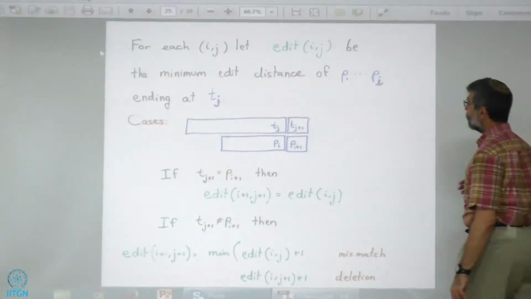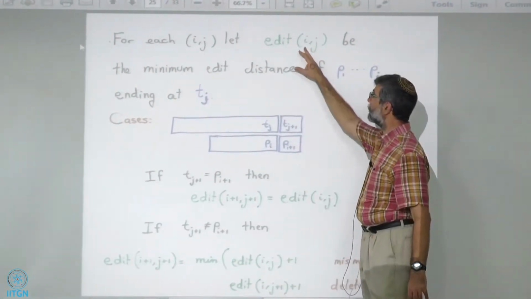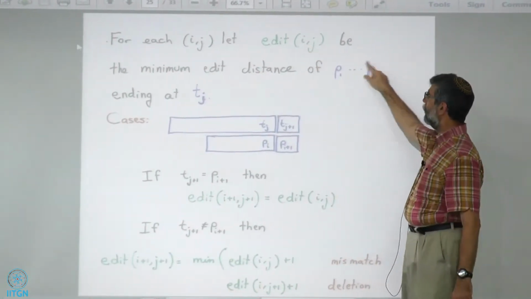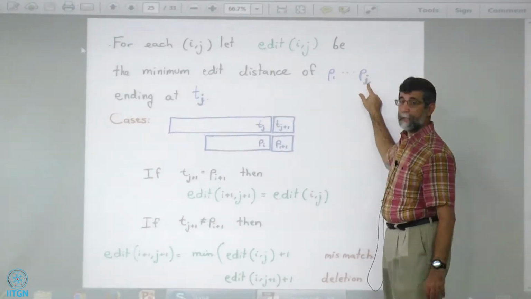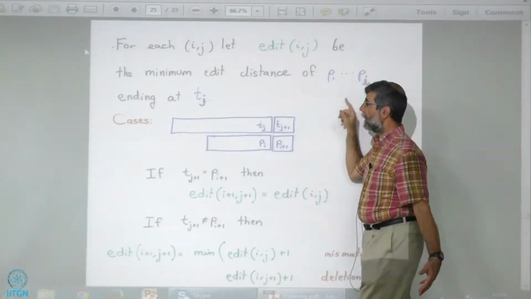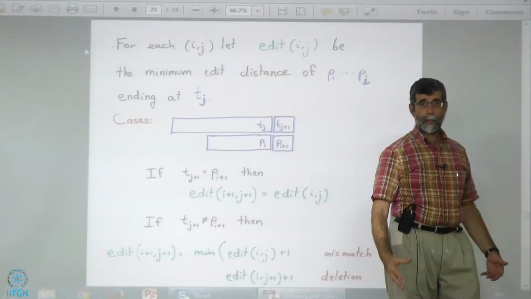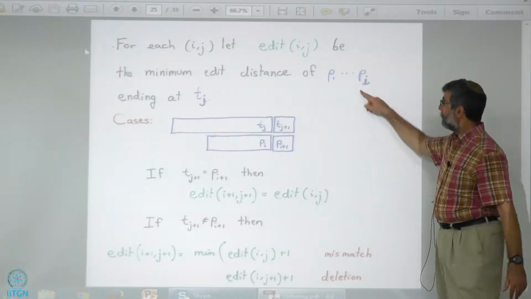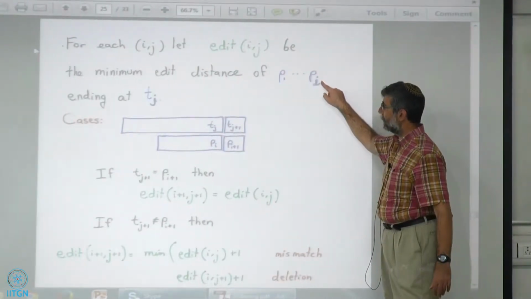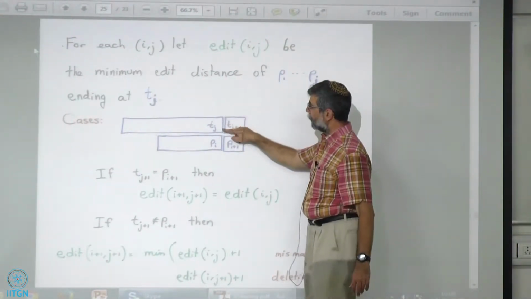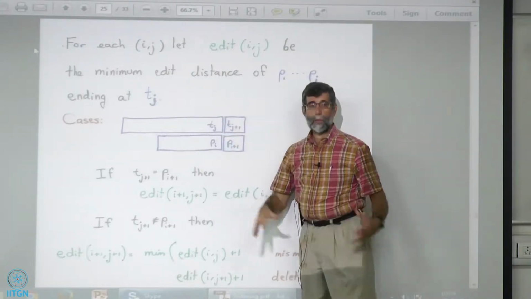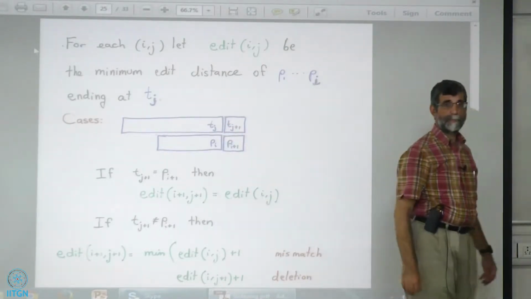So let's assume that we already figured out the edit distance of all the prefixes of the pattern that are less than i, and all the locations in the text that are less than j. In particular, the pattern prefix P1 to Pi ending at text location j, we know what is the edit distance of that.